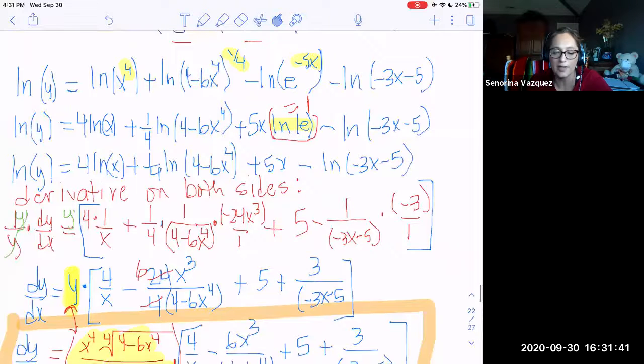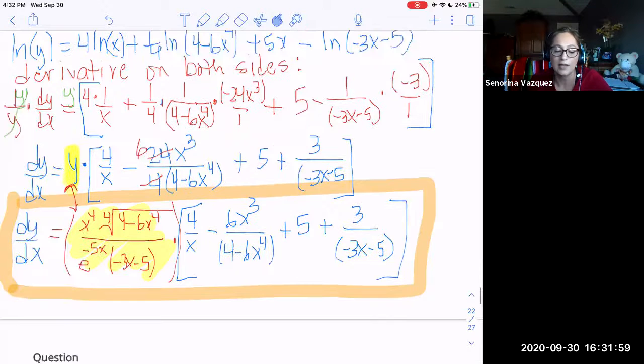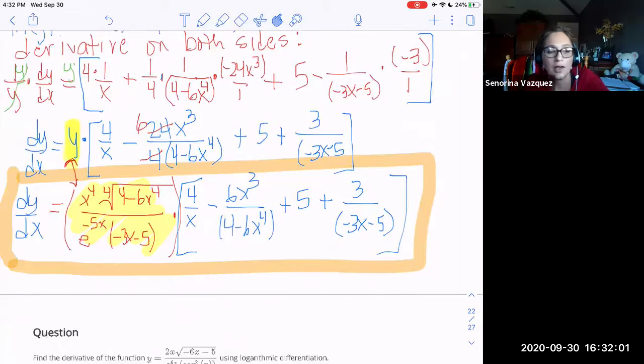Then, once you've expanded, take the derivative on both sides using those new rules. 1 over y, dy dx. Simplify. And then finally, we multiplied by y on both sides so that it would solve for dy dx. And that is how we use logarithms to complete logarithmic differentiation.